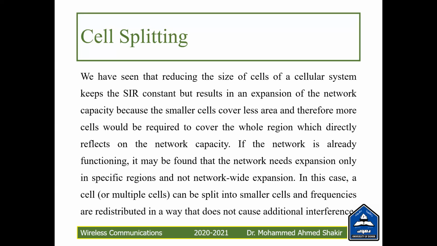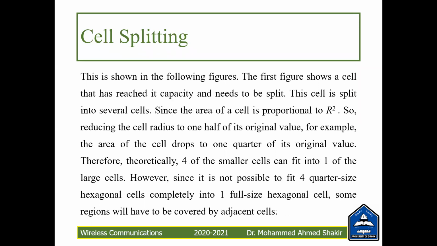Now, using smaller cells will lead to increasing the SIR, or the signal to interference noise ratio. But we have some conditions we are going to follow in order to perform the operation of cell splitting successfully.